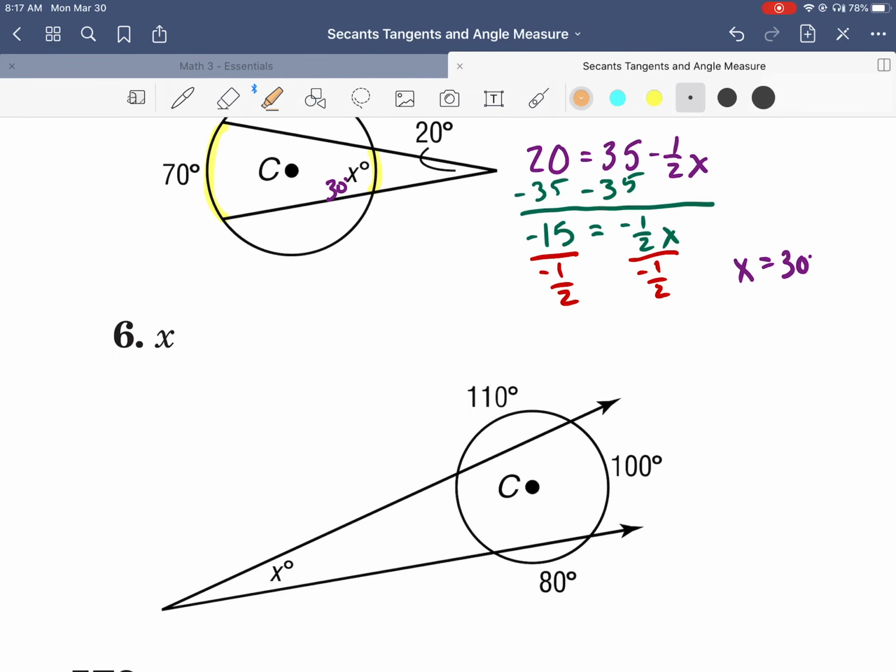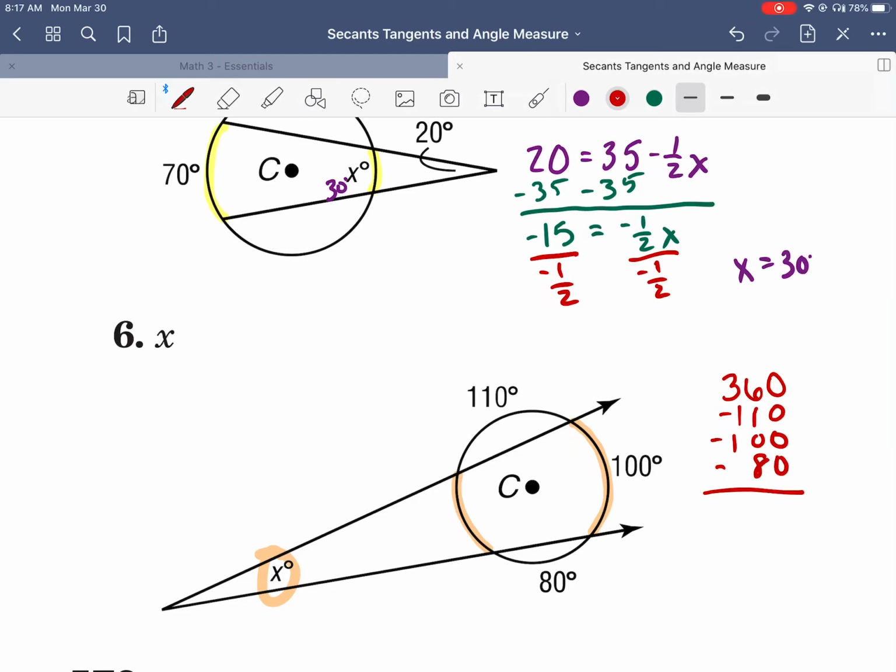Okay. All right, last one. Find an x. Still, x is outside. All of these are outside. The arcs it creates are 100, and this one that I don't know, but I know the rest of the measurements. Remember, circles are 360 degrees. So if I want to find what's left, 360 minus 110 minus 100, oops, minus 80.